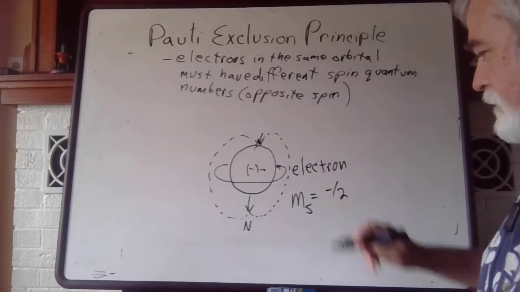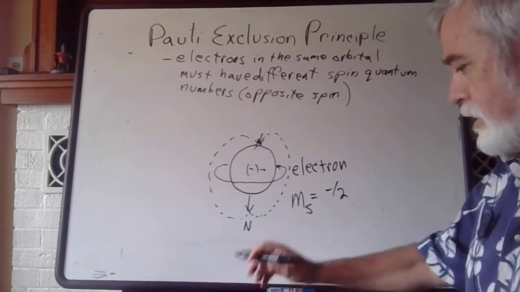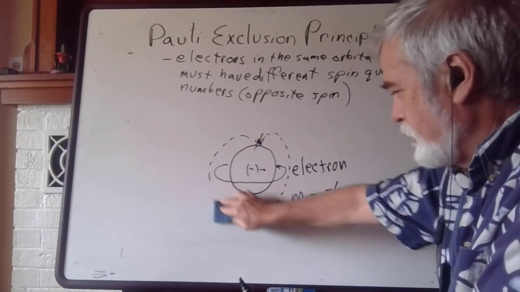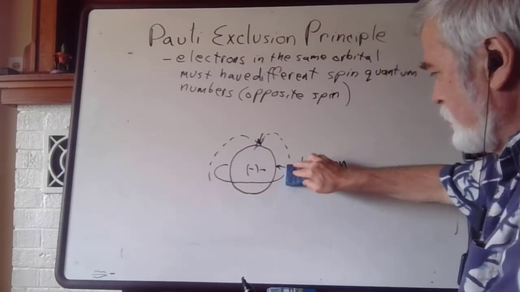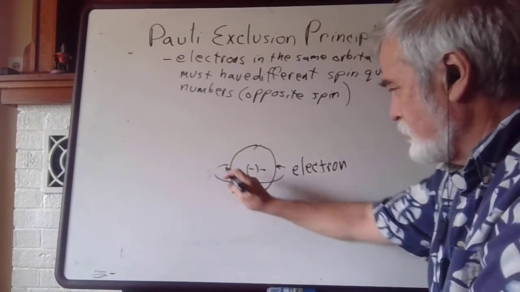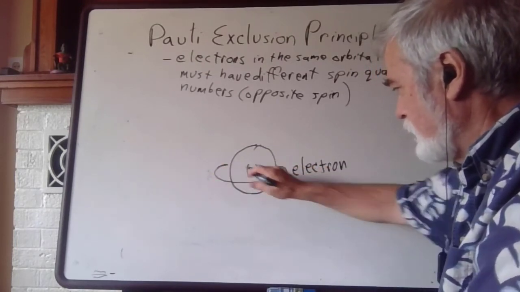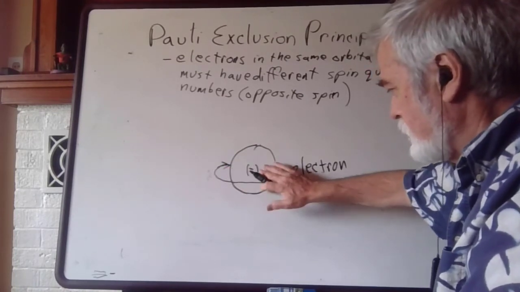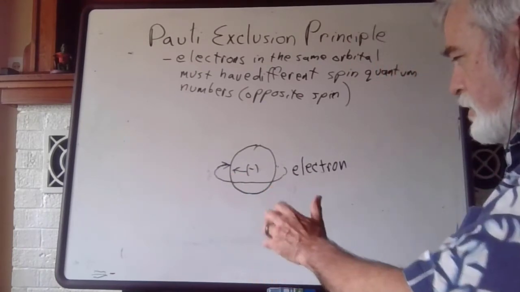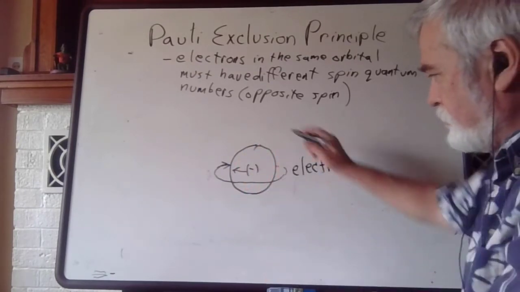minus a half. If we put the electron rotating in the opposite direction, so I'm just going to keep that same picture up there, but change the direction of rotation, then it turns out that the magnetic field would be the opposite direction. So if it starts here and it's spinning this way instead, so that the charge is moving this way on the surface, then with the rule that we'd use for the direction of magnetic field, it would be coming out of the top.